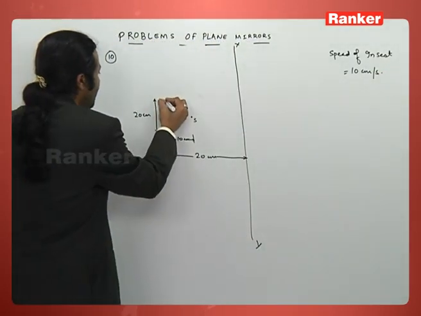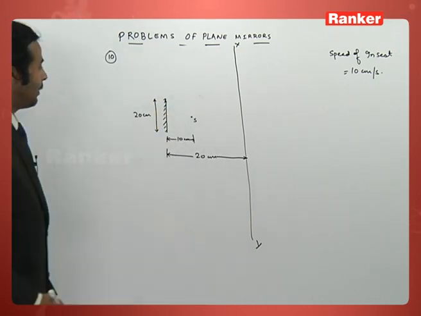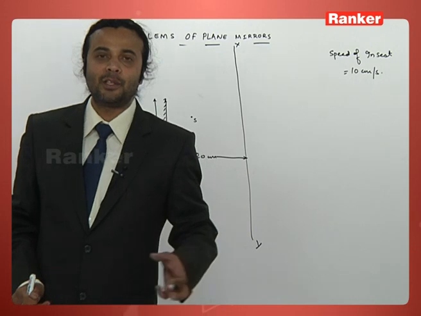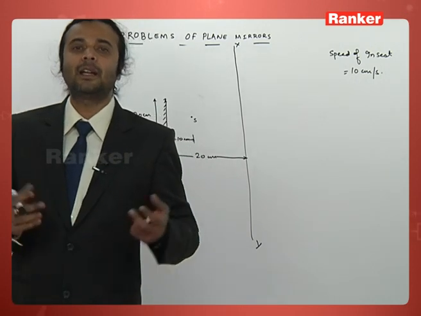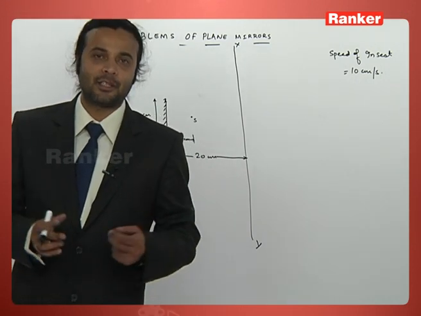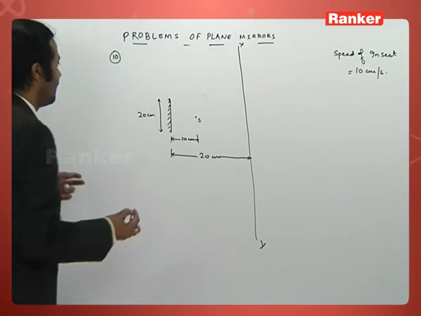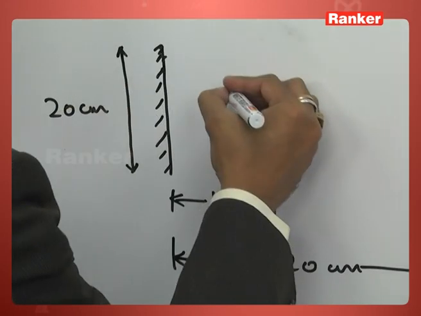Now if you look carefully, I always said whatever the placement of the mirror may be or whatever the placement of the source may be, always take the extreme reflections. That means take the reflection from the extreme ends of the mirror. That means this is the mirror, I will take it this way.